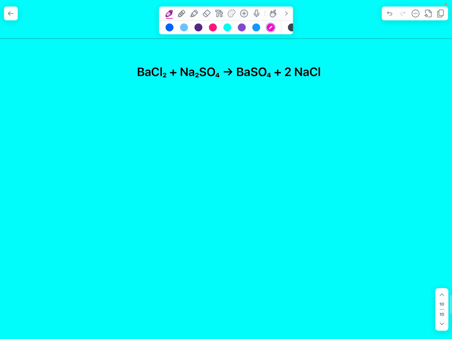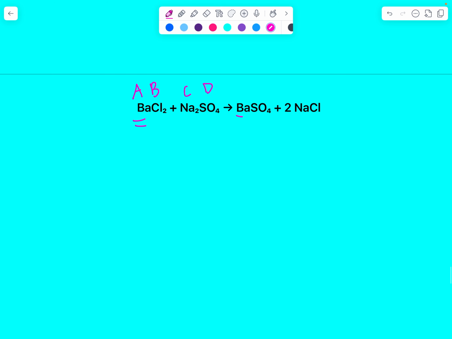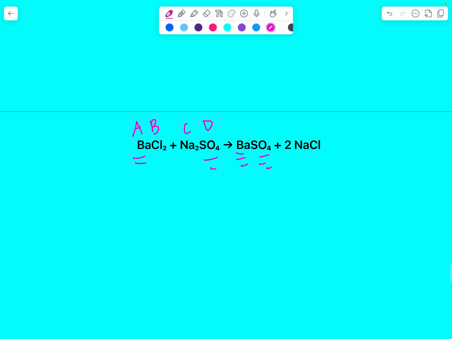And now I have BaCl2 plus Na2SO4. Well, let's start with what I know. When in doubt, write your letters. A, B, C, D. And I know that I have Ba, good, with SO4. Oh, look at that. It's like the rainbow. Look. The first with the last, and then the C would go to B. See, I kind of try to emphasize B as last, I guess, with different colors I tried.